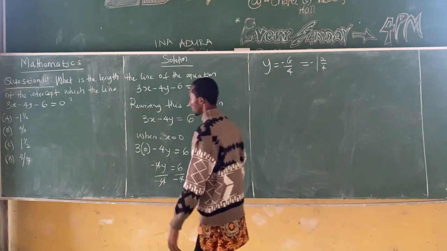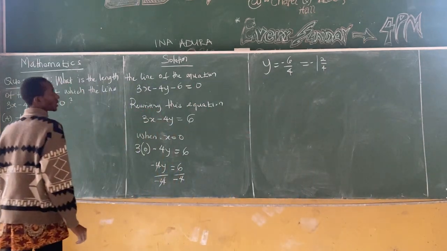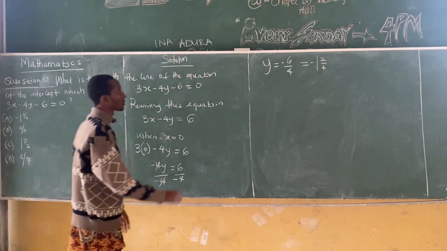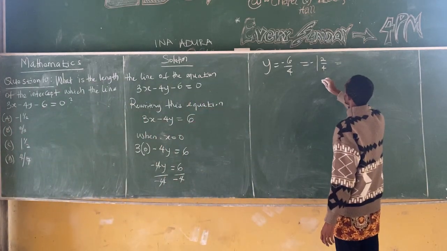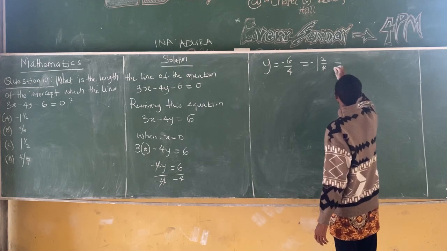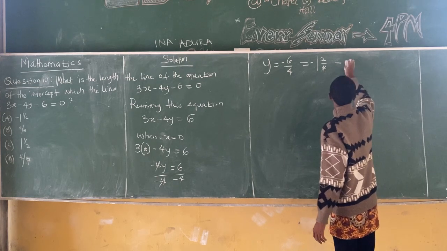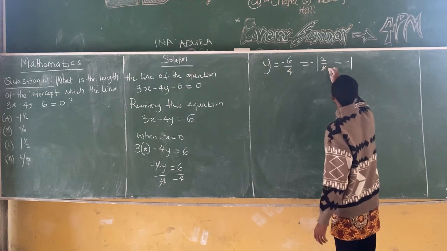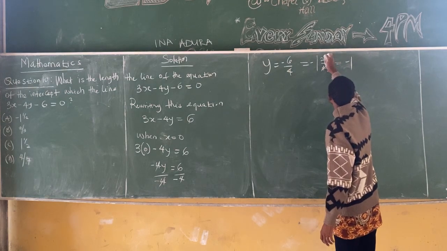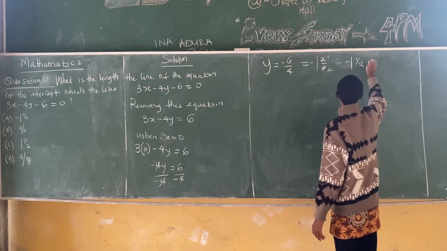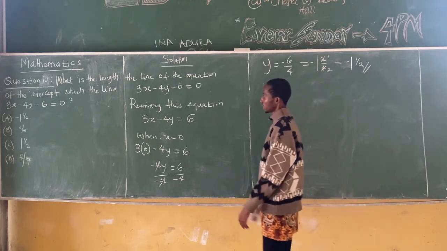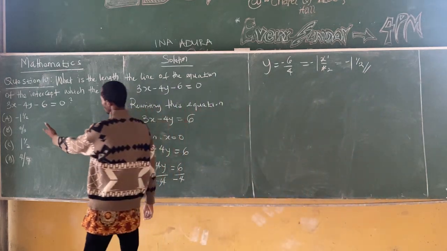Now let's check which of the answers suits that. If we simplify further, 2 goes here, you have minus 1. 2 into this, we have 2. 2 into this, we have what? 1. This is 1 over 2. So the final answer there is option A.